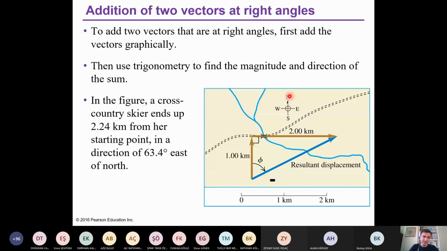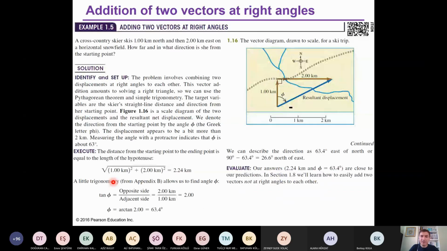The distance from the starting point to the ending point is equal to the length of the hypotenuse. Actually, this is the hypotenuse, right? So you can calculate 1 kilometer squared plus 2 kilometers squared is equal to displacement squared. Okay, so you can calculate 2.24 kilometers. This is the magnitude of the resultant displacement.